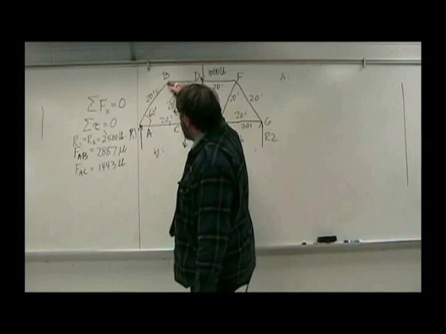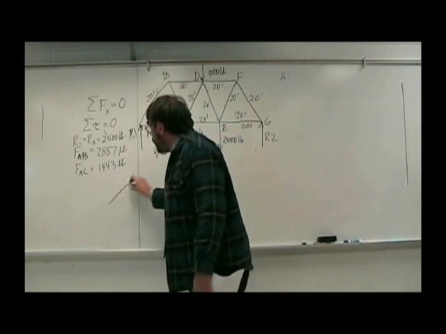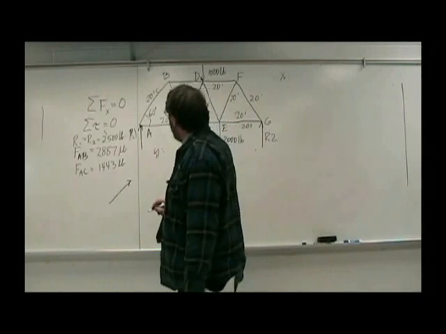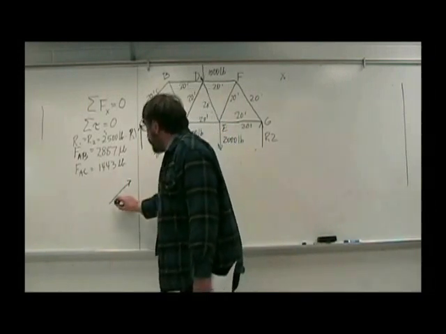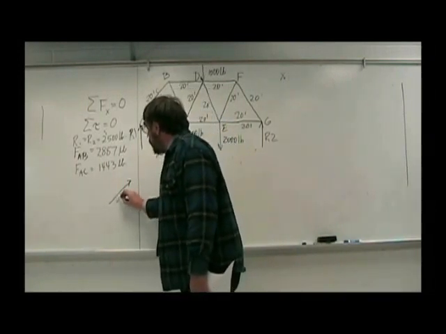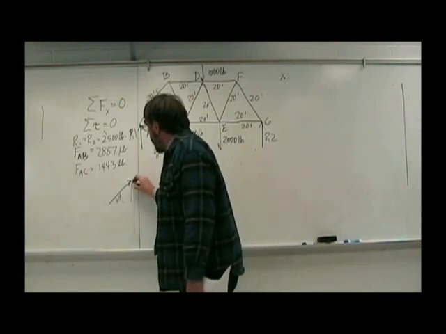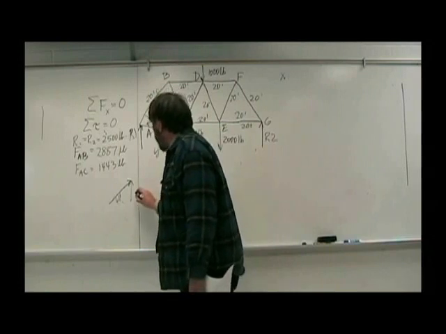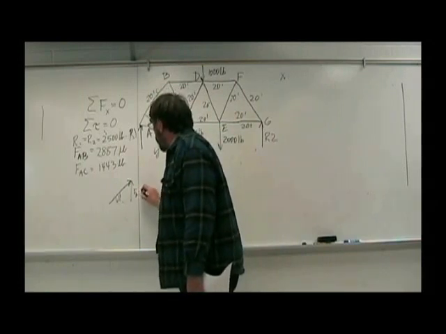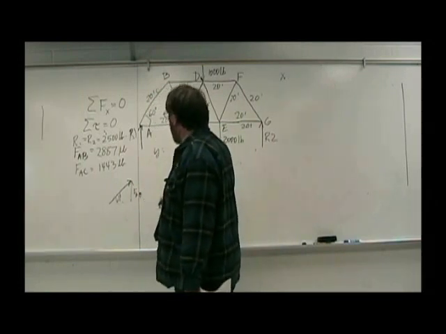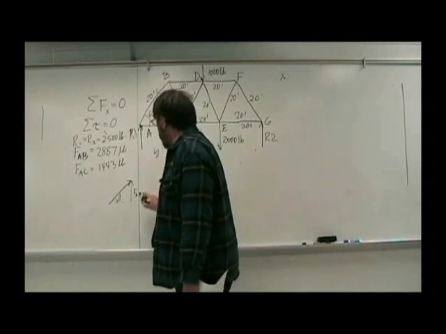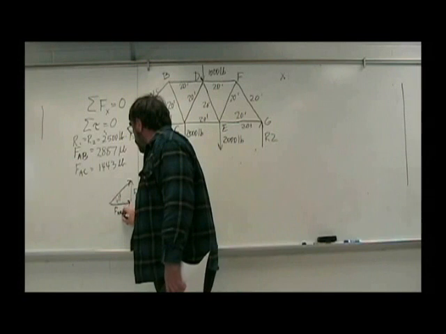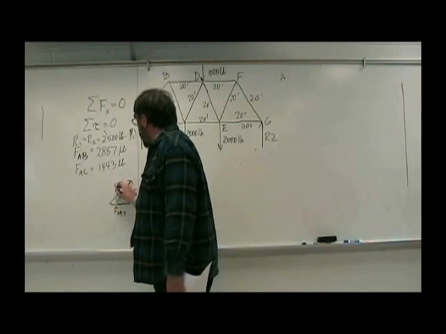This is in compression, so the force at B is going to be up like that, and this is 60 degrees. This is FAB Y, and this is FAB X. This is FAB.